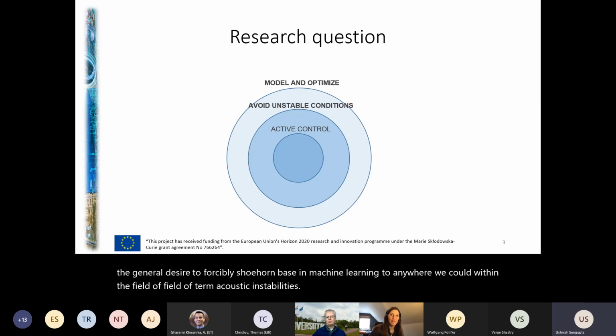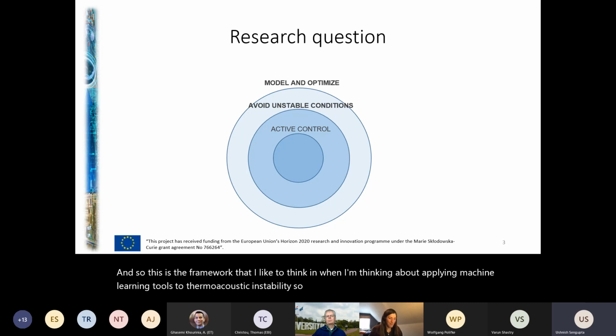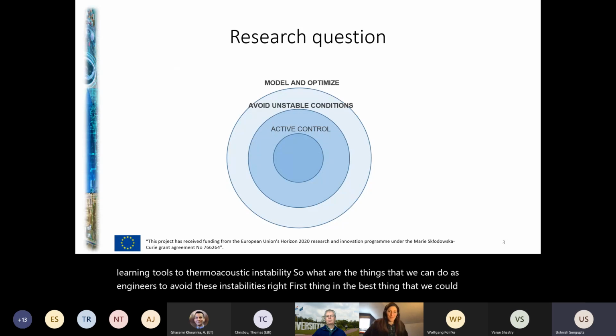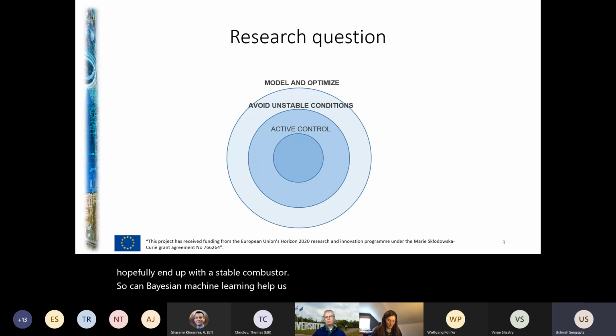This is the framework that I like to think in when applying machine learning tools to thermoacoustic instability. What are the things that we can do as engineers to avoid these instabilities? The first and best thing we can do is have an accurate, good model of the system, and we optimize that model and hopefully end up with a stable combustor. So can Bayesian machine learning help us do that? That's one question.